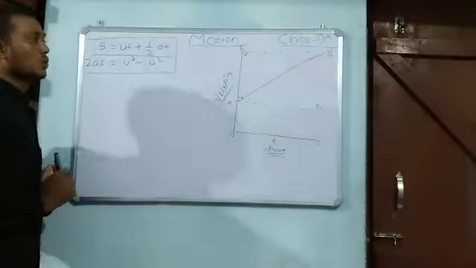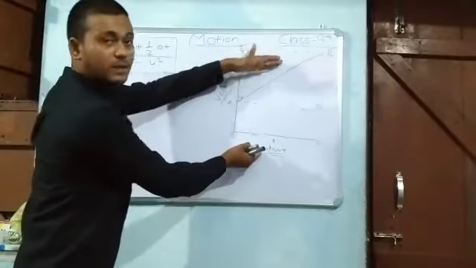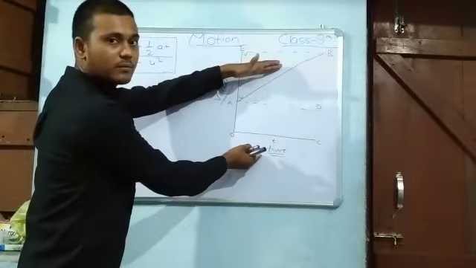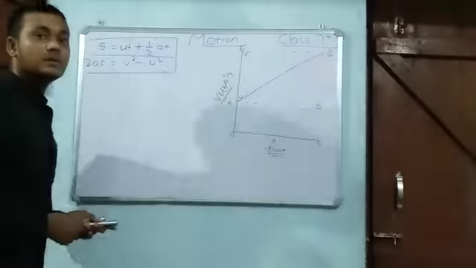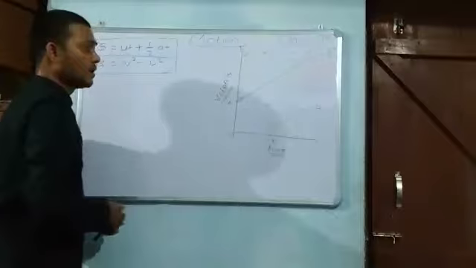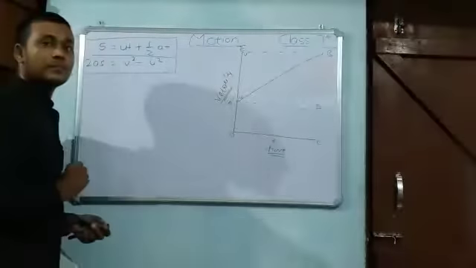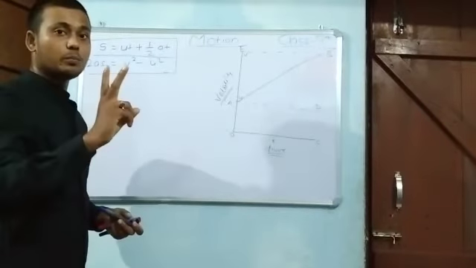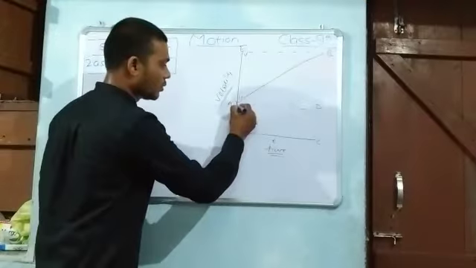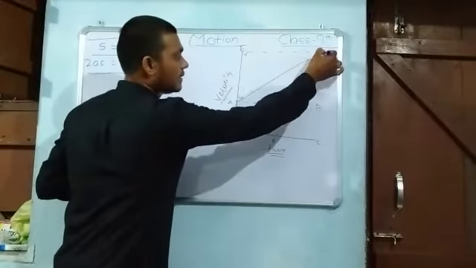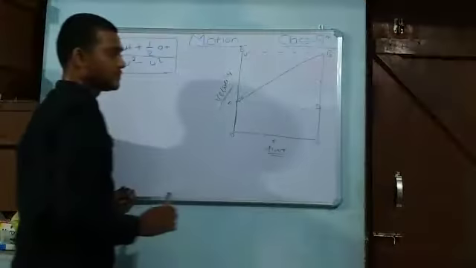If you see this shape, it is a two-dimensional figure, which is a trapezium. What is a trapezium? A trapezium is a figure in which two parallel sides are there. See carefully, OA and BC are parallel to each other.